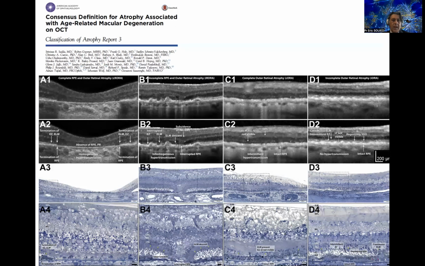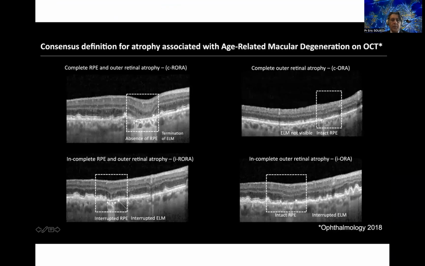This classification has the advantage of a consensus in giving a name to the stage of atrophy for each SD-OCT scan. There are 4 different conditions: a complete RPE and outer retinal atrophy, cRORA, an incomplete RPE and outer retinal atrophy, iRORA, a complete outer retinal atrophy, cORA, and an incomplete outer retinal atrophy, iORA.